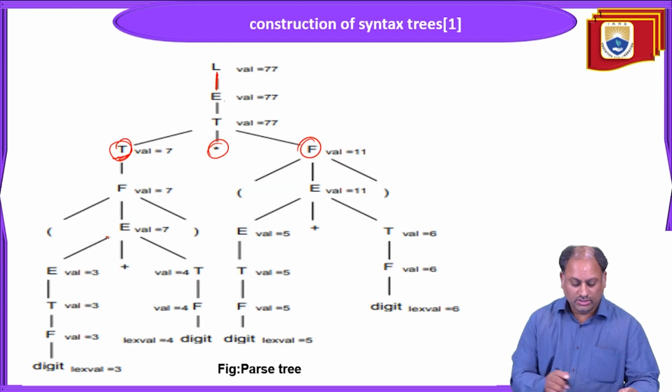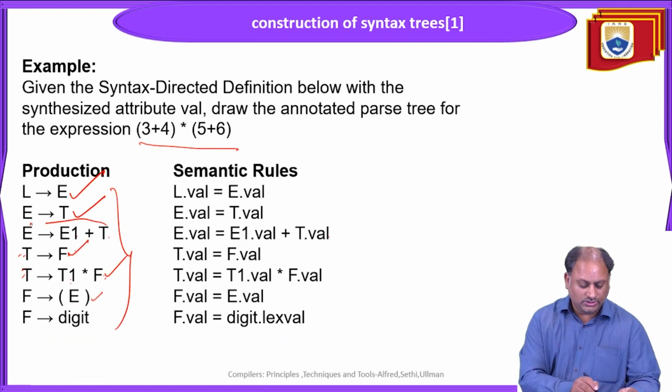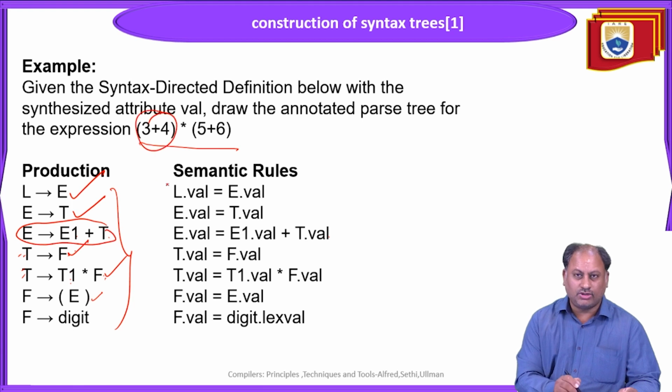So T derives F. Here also F derives an expression. So this F which contains an expression E, here E contains E plus T. So we are getting part 1, and on the right side we will get part 2.